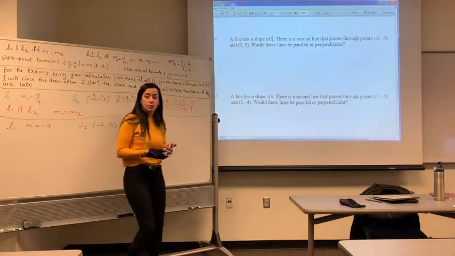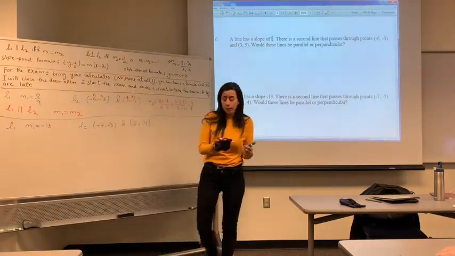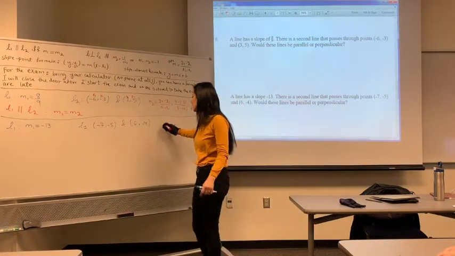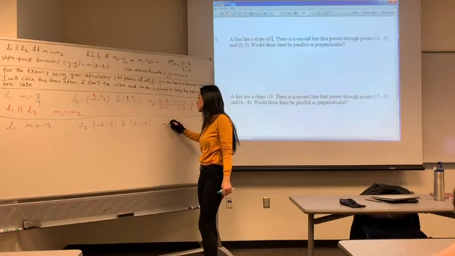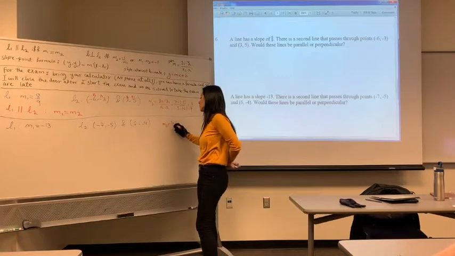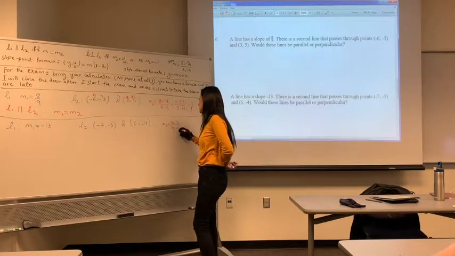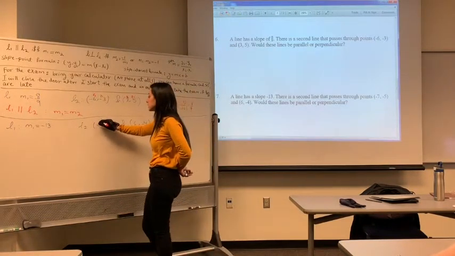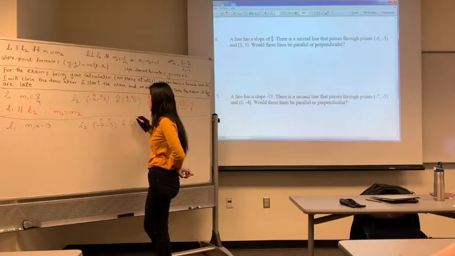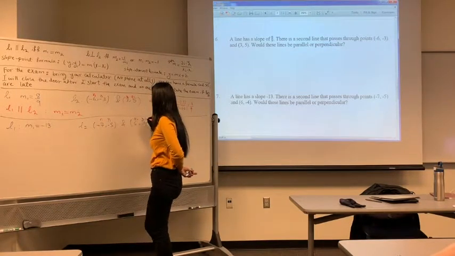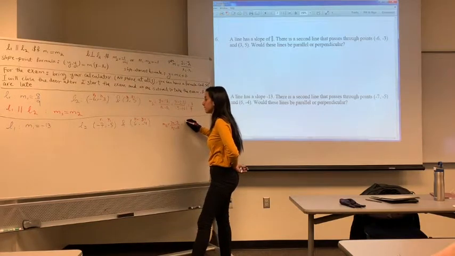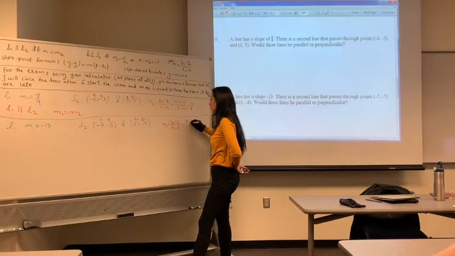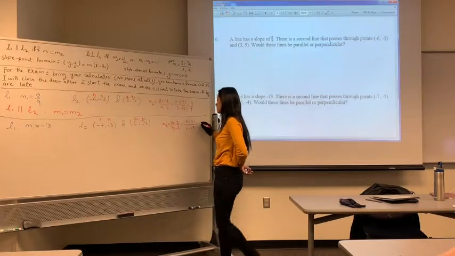So same, we are going to find the slope, okay, for the second line. So M2 is equal to y2 minus y1 divided by x2 minus x1. So let's say this one is x1, y1, x2, y2. Just replace everything. -4 minus -5 divided by 6 minus -7.